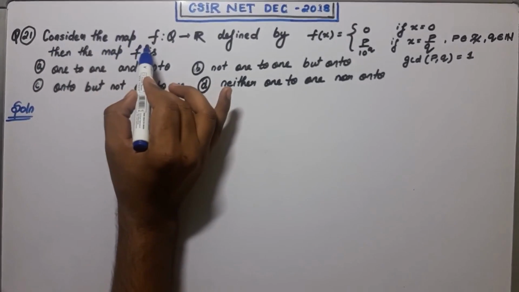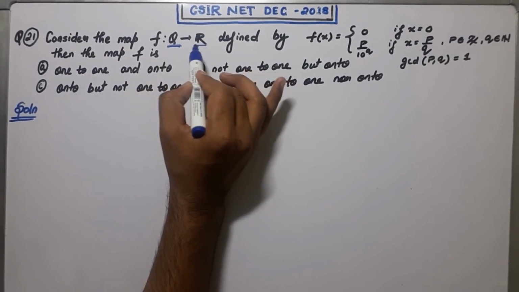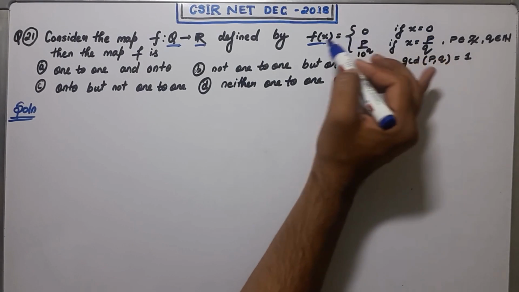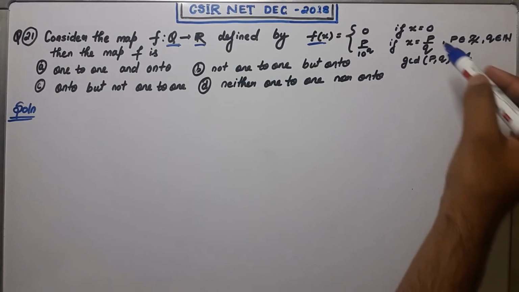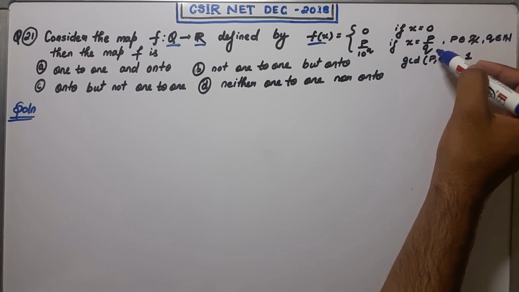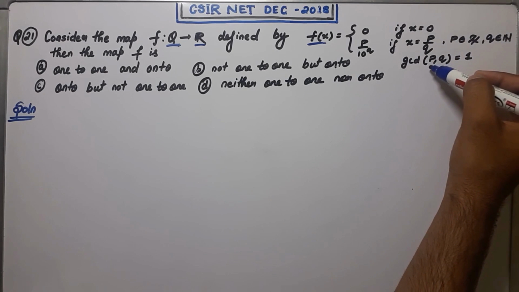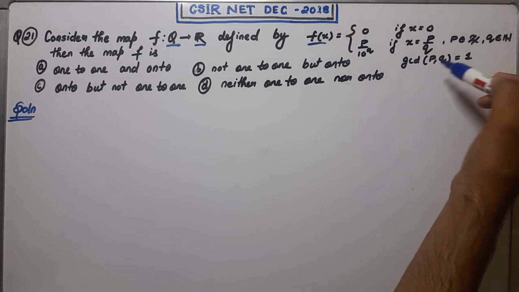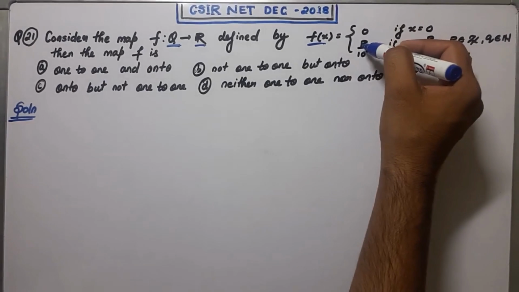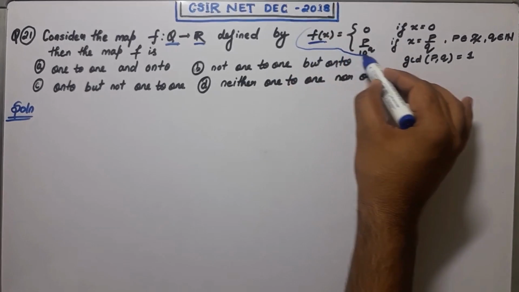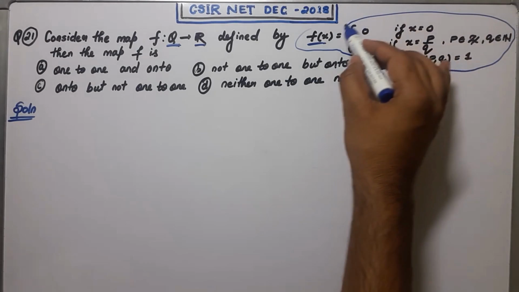Consider the map f from Q to R. So we have a map from the set of rationals to the set of reals defined by f(x) equal to 0 when x is 0, and when x is in the form p by q, where p belongs to the integers and q belongs to the natural numbers with GCD of p and q equal to 1, the greatest common divisor is 1, then the map will give you the value p over 10 to the power q. So this is your map.